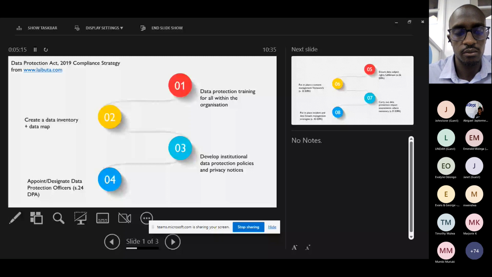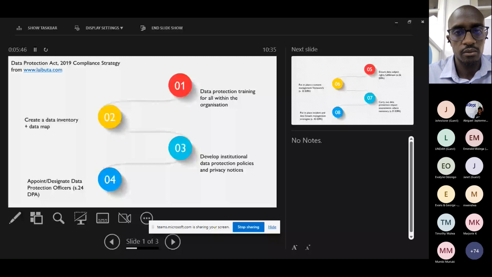Within your organization, you need to have an internal data protection policy. An institutional data protection policy is like your human resource manual. Your human resource manual tells you what time you need to come to work, how you interact with your colleagues, what the promotion procedures, demotion procedures and disciplinary procedures are, how you take sick leave, and how you interact with other members of the organization.